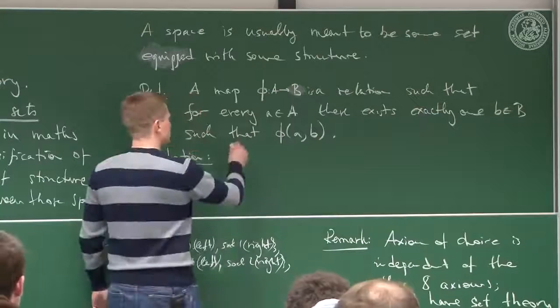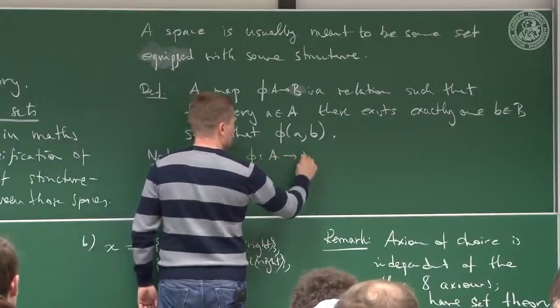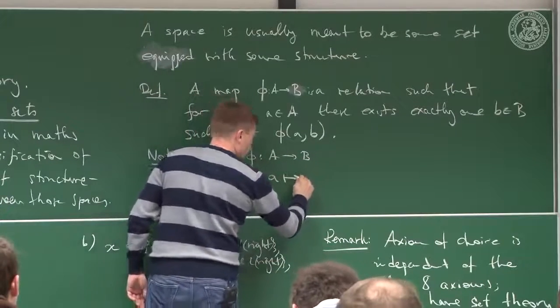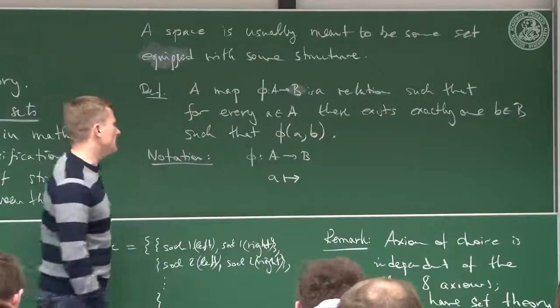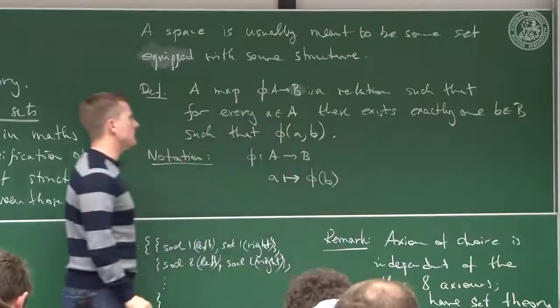The standard notation is to write phi from A to B, and then to write a maps to phi of a: to the value a in A, we assign the value phi of a in B.